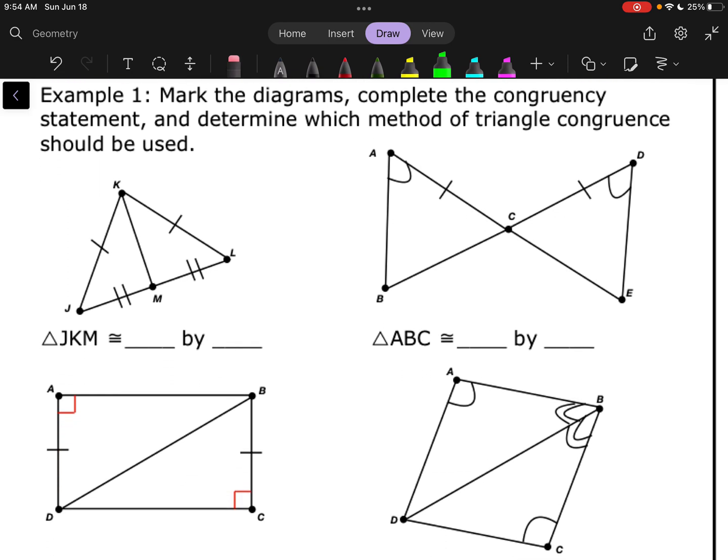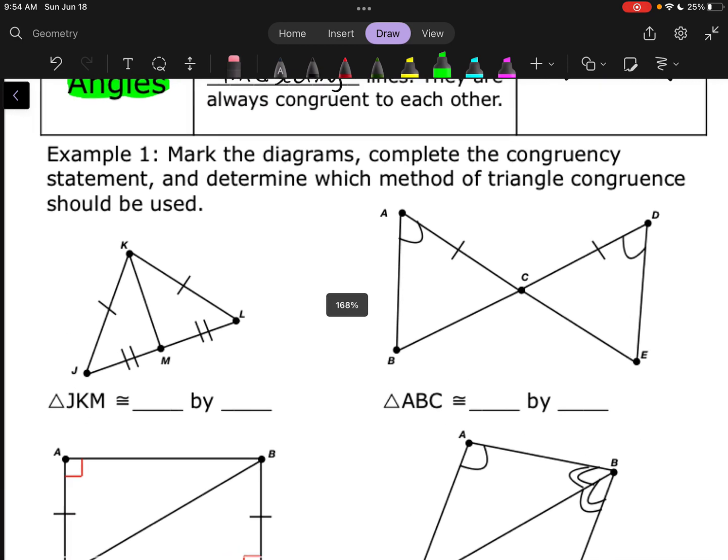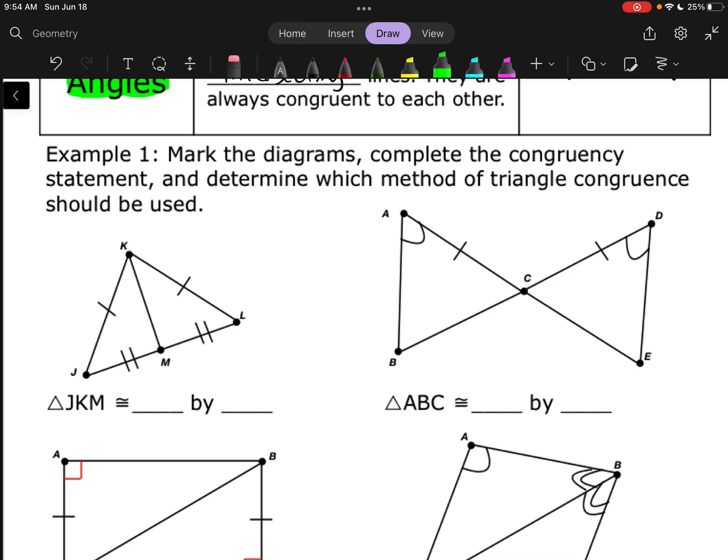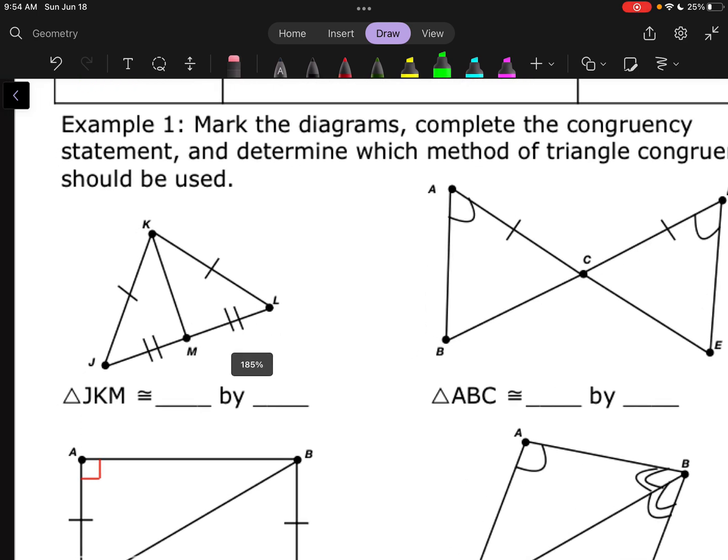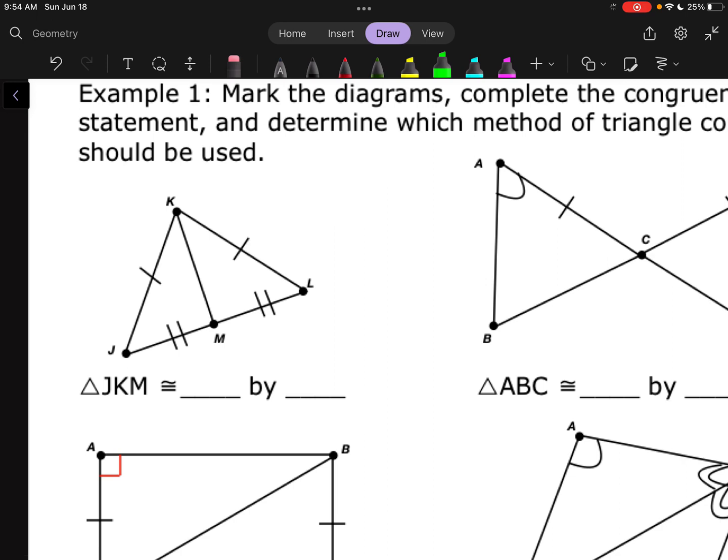So down here, it says mark the diagrams, complete the congruency statement, and determine which method of triangle congruence should be used. Let's look at this first one here. Looking at these 2 triangles, triangle JKM, triangle LKM, only 2 things are marked on them, right? And we need 3 things.